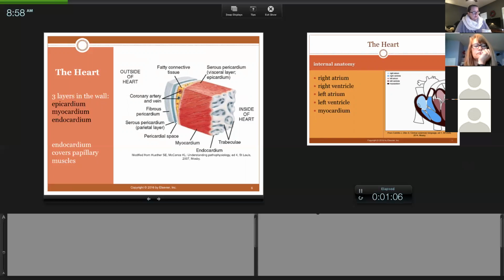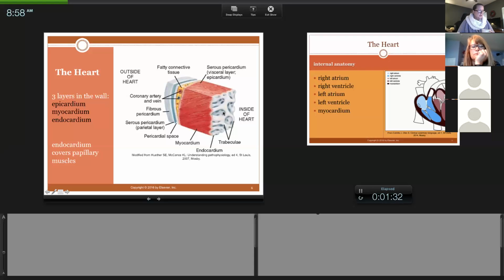The coronary arteries and veins give blood to the heart muscle from the outside. The heart is a muscle and it needs oxygenated blood too. You might say, well, it's full of blood, why doesn't it just soak it up from the inside? The coronary arteries come around and feed the heart from the outside. We're going to talk about that.